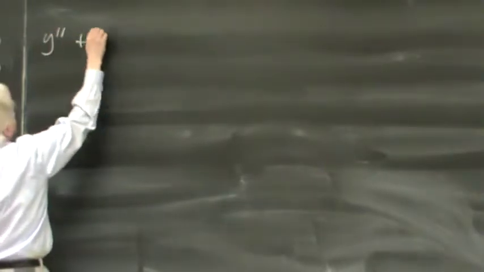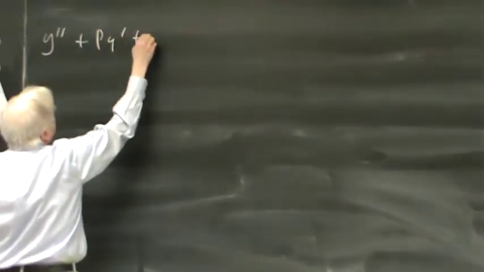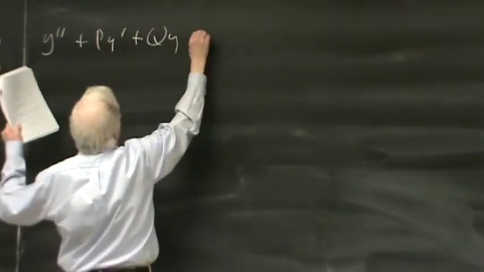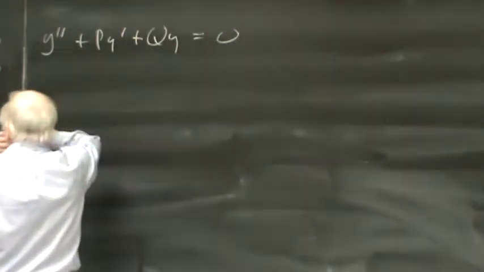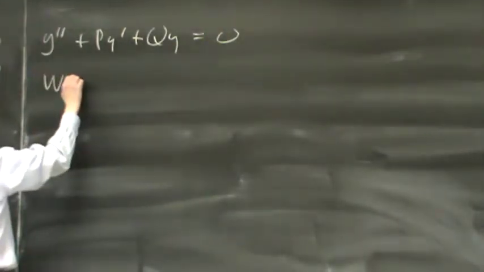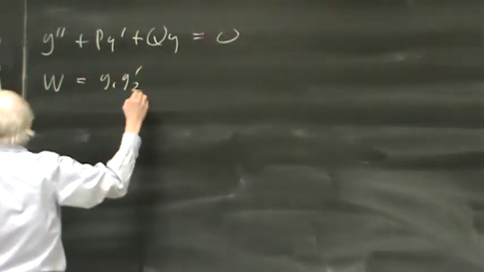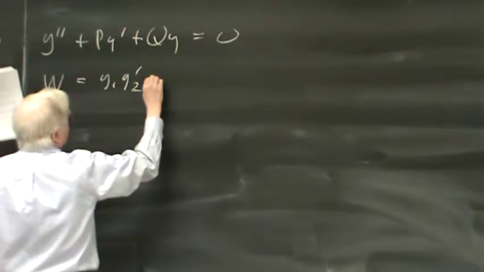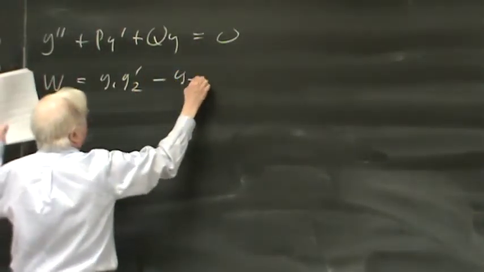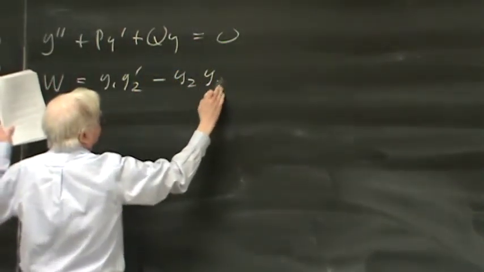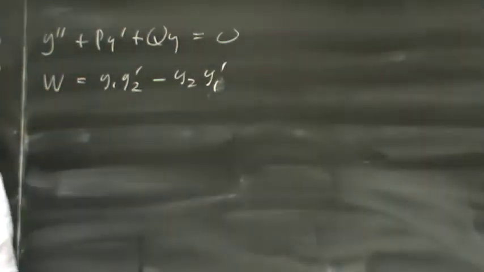on Tuesday, I think it was, we talked about wronskians, and what we said then was we had a differential equation like this. And we said, well, the wronskian is one solution times the derivative of the other minus the thing backwards, like that.